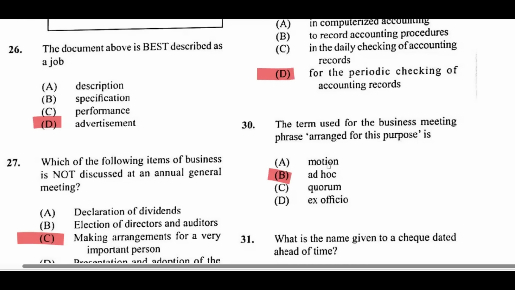If we have a meeting and I say I think all employees should be provided with an extra 10 minutes during lunchtime, that's a motion. It's something I propose, something I want to throw to the team to consider. Quorum is the minimum number of persons that must be present when you're having a meeting, which is 10. If you don't have enough persons, then you're going to have to postpone the meeting.